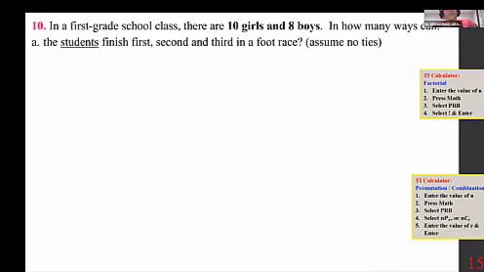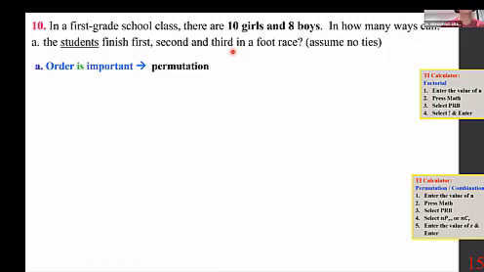In a first grade school class, there are 10 girls and 8 boys. In how many ways can the students finish first, second, and third in a foot race? Assume no ties. It's important to know first, second, and third refers to the fact that order is important.